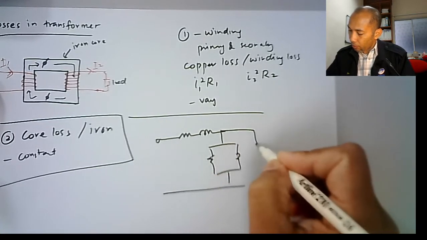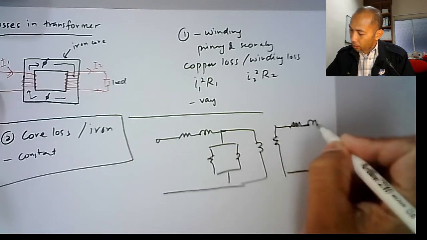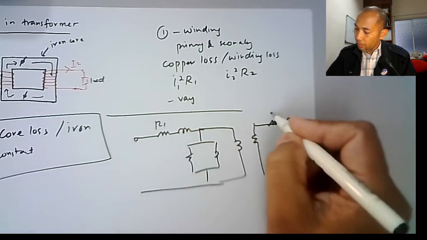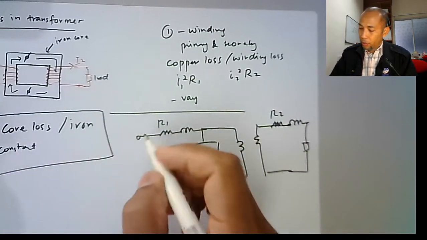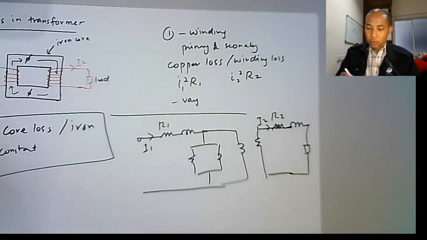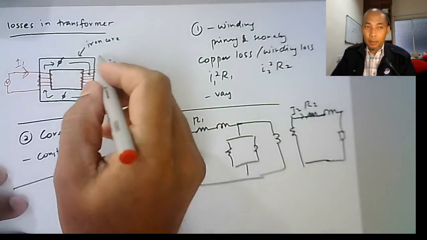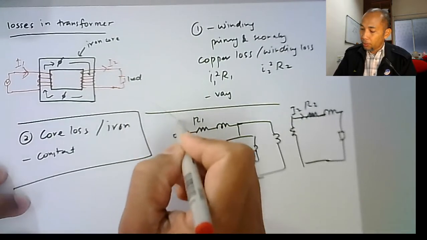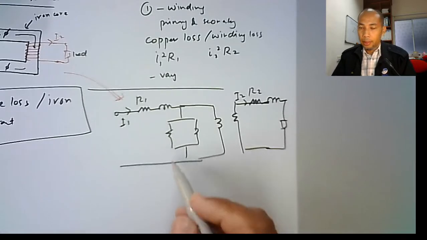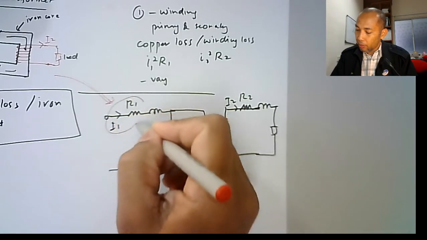We have the load here, R1, R2, I1, I2. So from this transformer, we convert to our equivalent circuit. This part is due to winding losses.